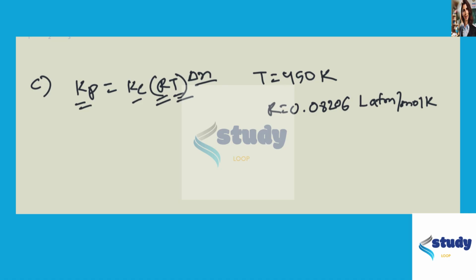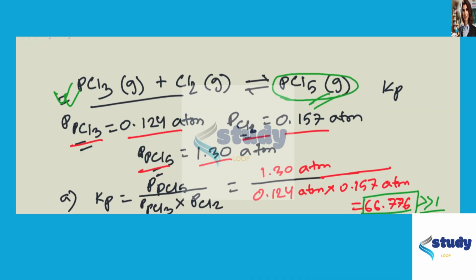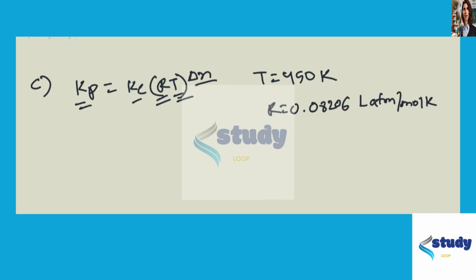Now we just need the value of del N. From the balanced equation, the number of molecules of products is 1, and the number of molecules of reactants is 1 plus 1, which is 2. That means del N here is 1 minus 2, which is minus 1.